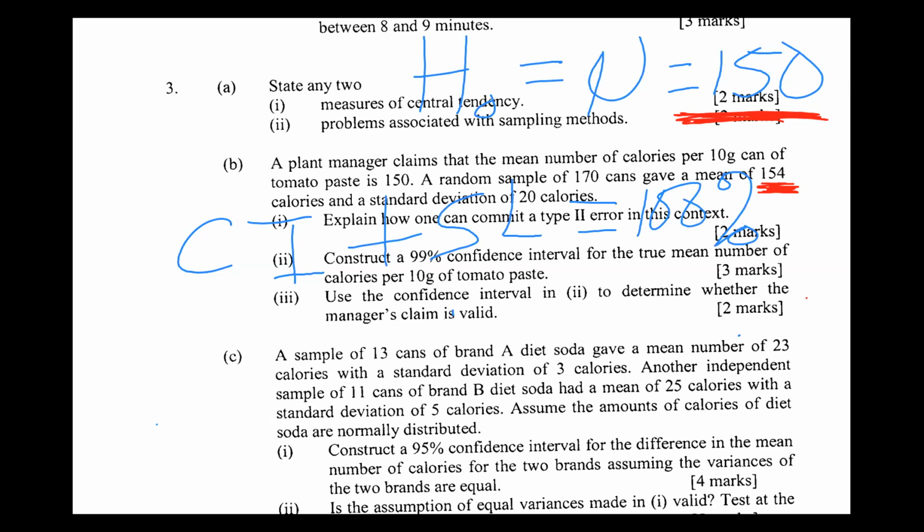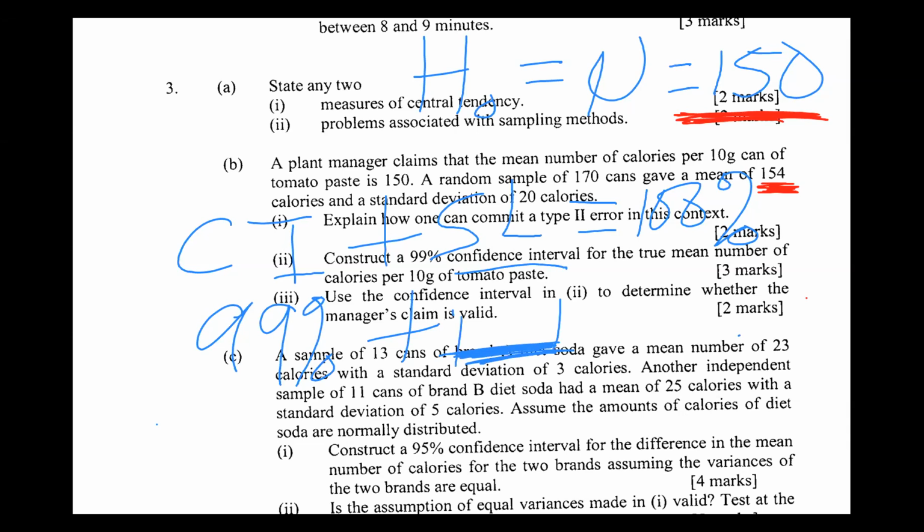So if we are to construct a 99% confidence interval for the true mean population number of calories, then we can easily calculate the significance level, because what we are interested in is the alpha. The alpha is the significance level.